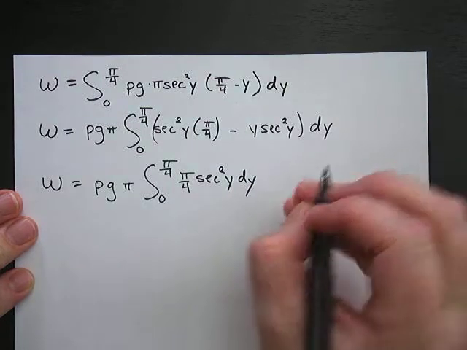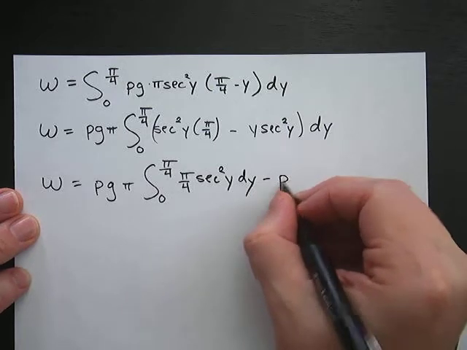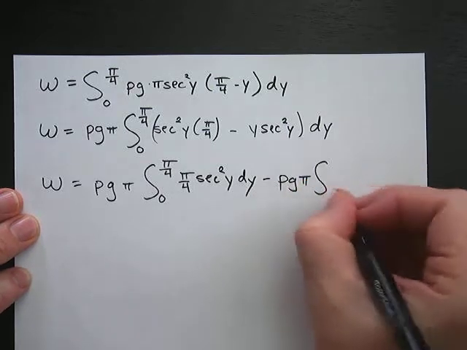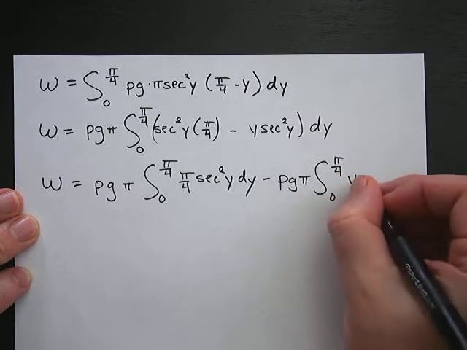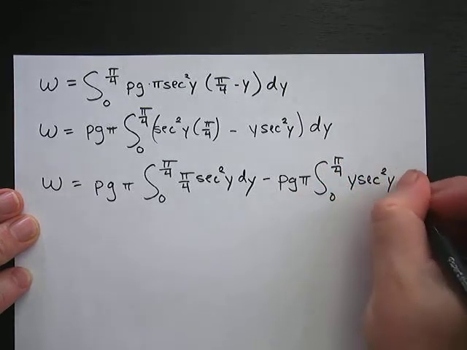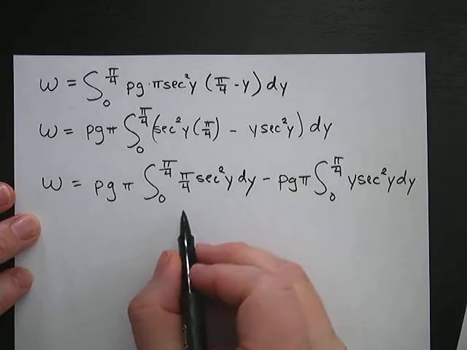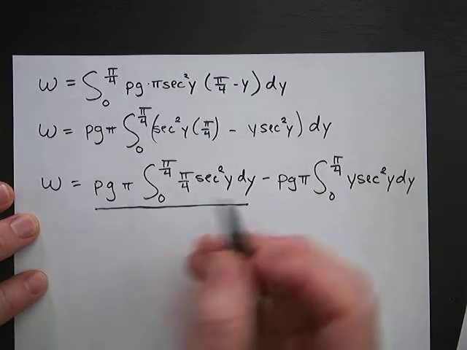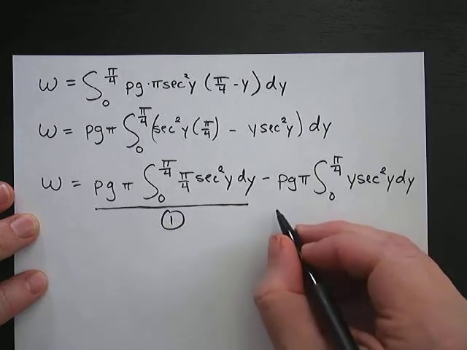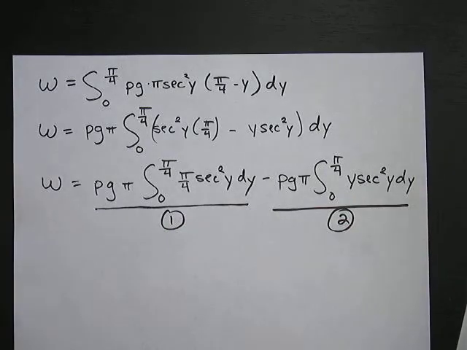And our second integral will be this one, so minus the integral from 0 to pi over 4 of y secant squared y dy. I'm going to split this up into two separate problems. I'm going to call this one here, which we can keep out front, integral 1, and all this I'm going to call integral 2. And I'm going to do this in two separate spots.